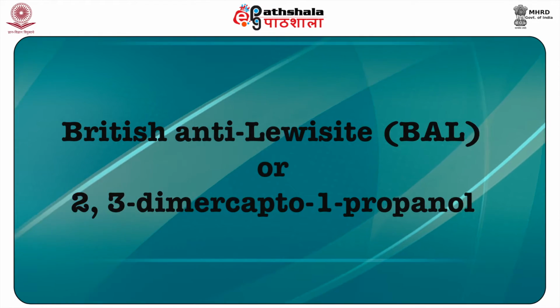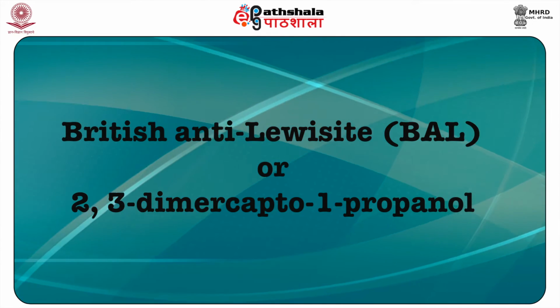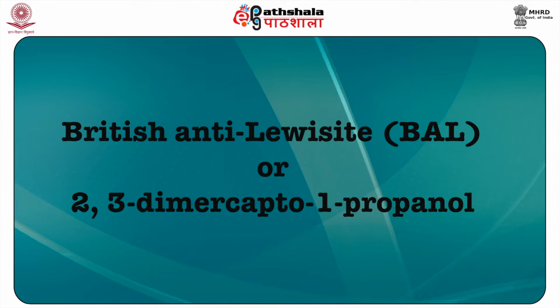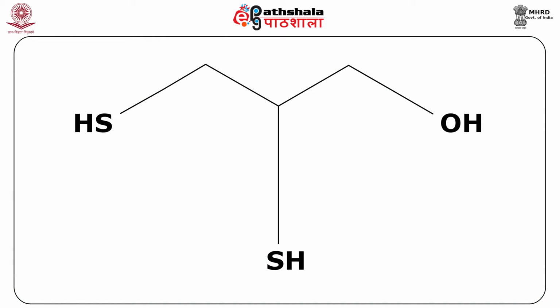British anti-lewisite, or 2,3-dimercapto-1-propanol. It was used by the British Army during World War II to treat patients poisoned by the gas lewisite. It binds to the enzymes containing SH group, but BAL binds strongly to arsenic and removes it.